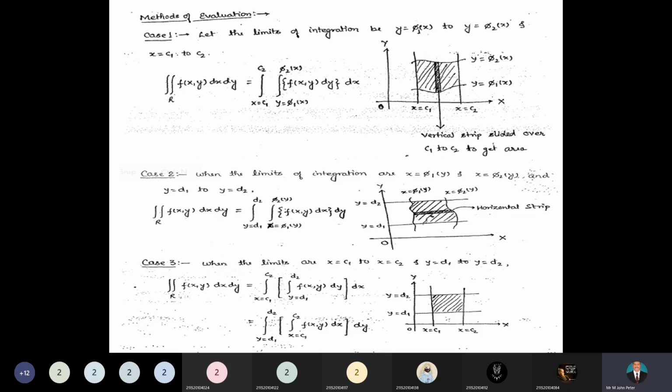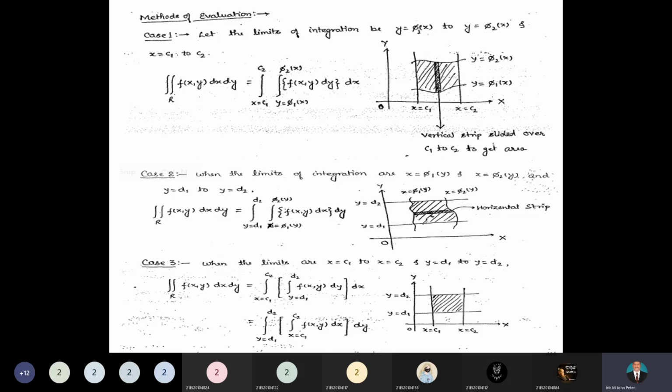With respect to the y-axis, at which point or constant straight line does y take the minimum or least value? In that lower part, you have to check based on the bounded diagram. So there is y equal to d1 in that diagram. Then with respect to the y-axis, the upper limit is y equal to d2, the maximum value of y in the bounded region.